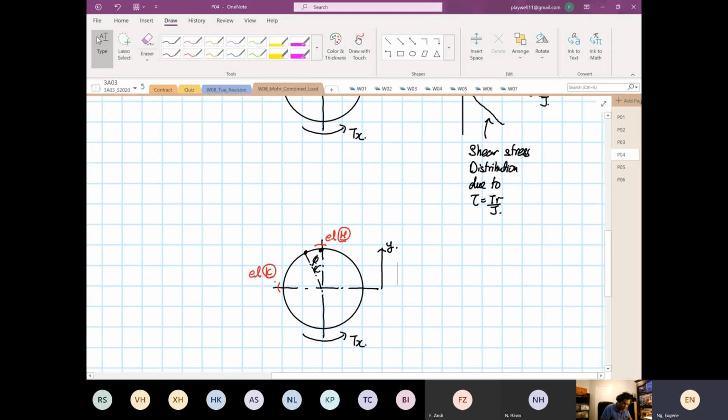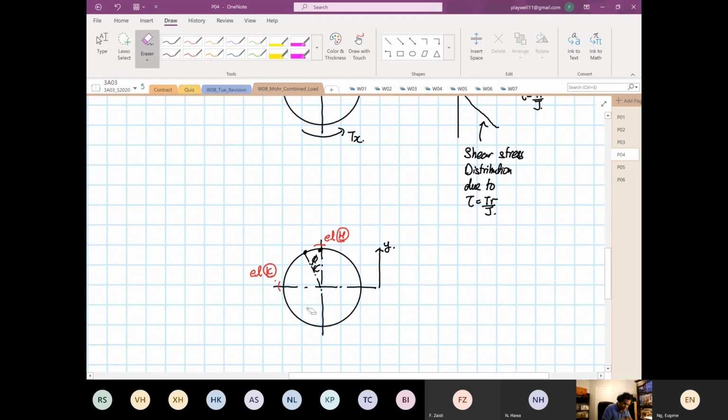Now, it's not going to be due to torque. I'm not going to consider torque. Now, we're going to consider the force Vy. Right? We're going to consider Vy now.